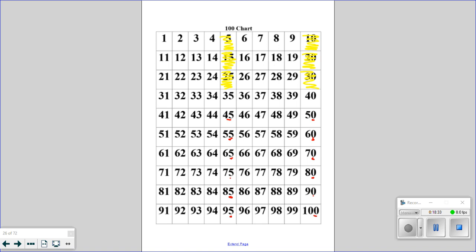So instead of 15 and 20, it's still just 2 5s.